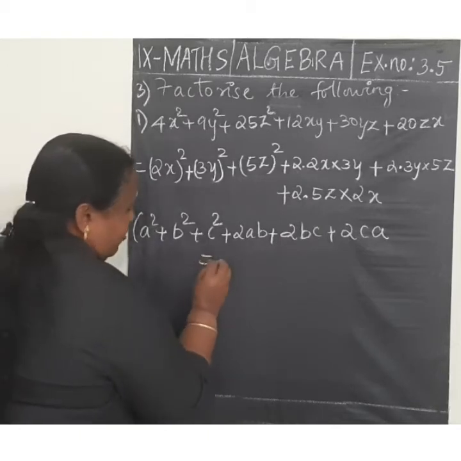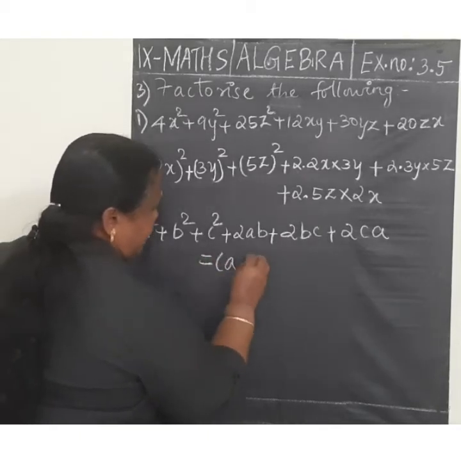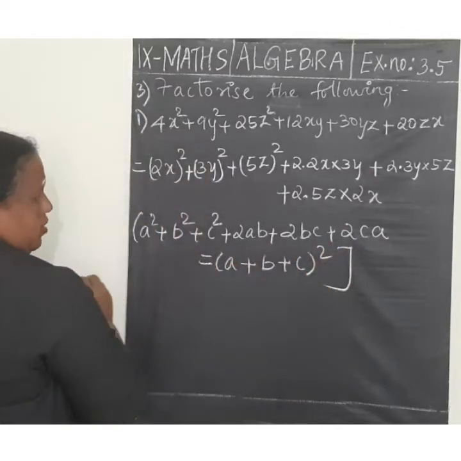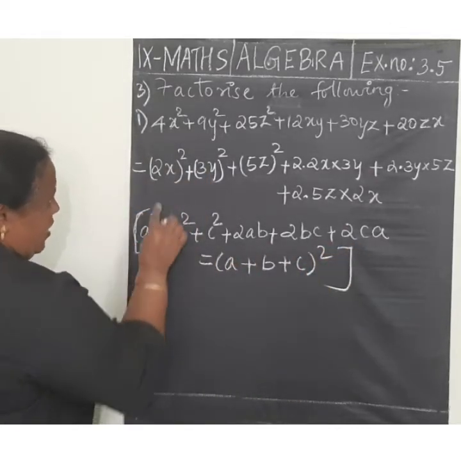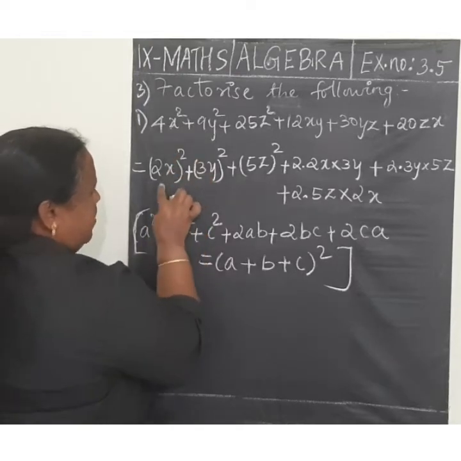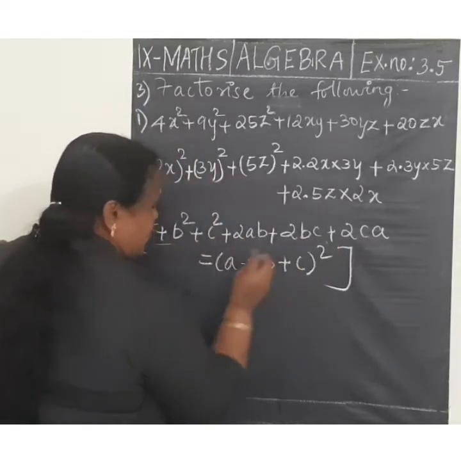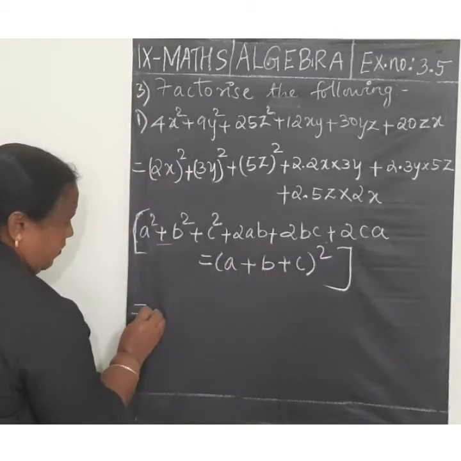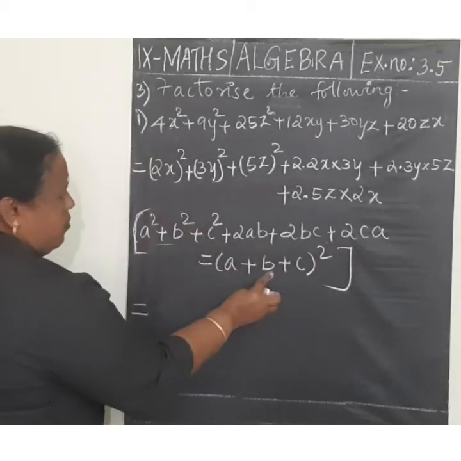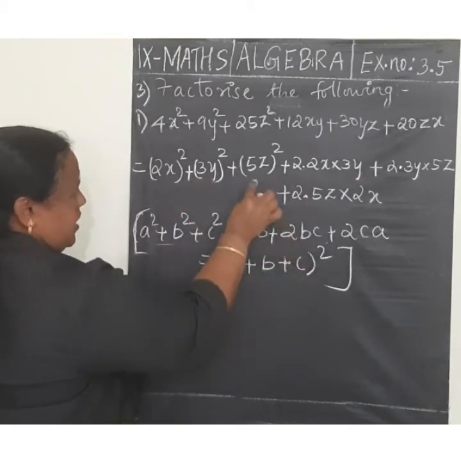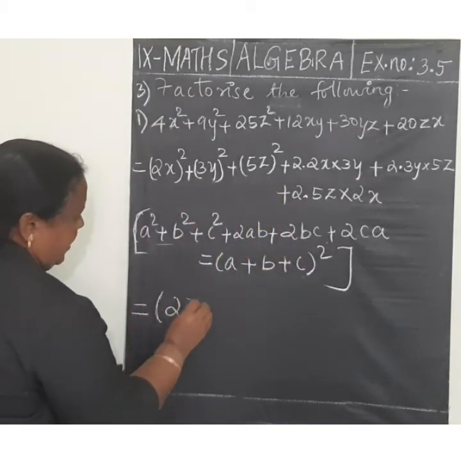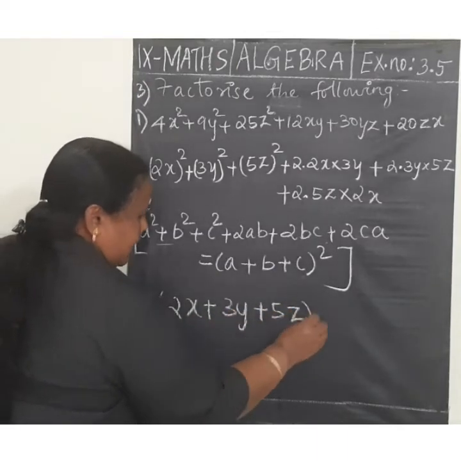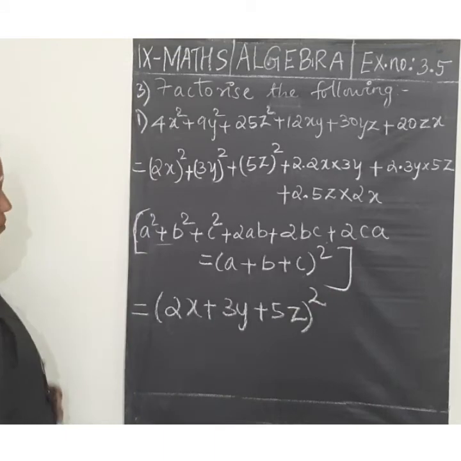By identity we know that this one is equal to a plus b plus c the whole square. So we have to write a plus b plus c the whole square. So this is equal to a is 2x, b is 3y, c is 5z. So 2x plus 3y plus 5z the whole square.